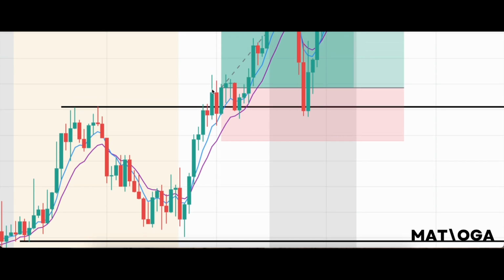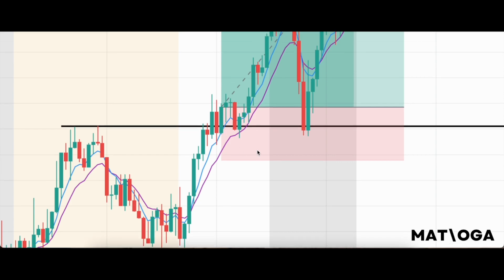Retest, breakout. This is a breakout closed above with the body closure. Next candlestick, retest, no short signal because we are not below the EMAs. And then next candle, a nice green bullish candlestick. What happened here? Once again, all three elements are respected.